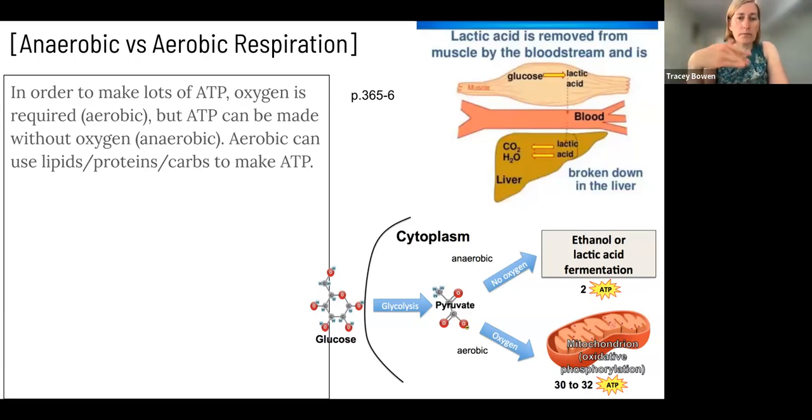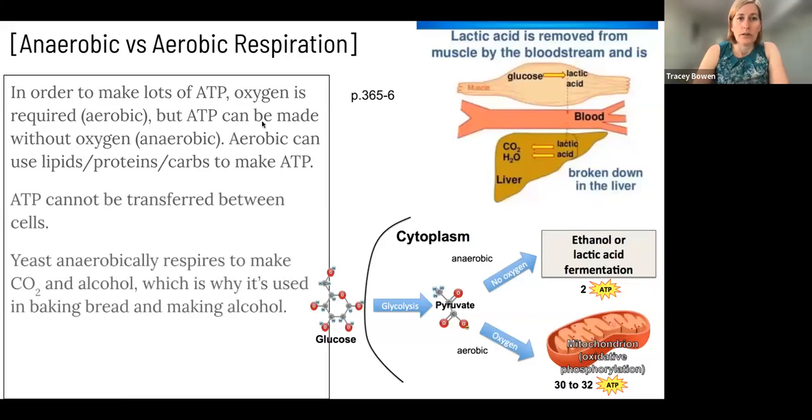It gets clogged up. So anaerobic respiration is happening without oxygen. That happens in the cytoplasm of the cell, not in the mitochondria. Anaerobic respiration would produce about 4 ATPs, whereas aerobic, going through the whole process, produces about 32. So obviously aerobic respiration is more efficient and it's going to make more energy.